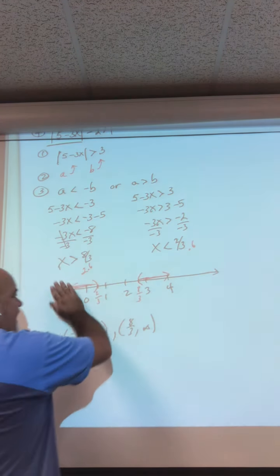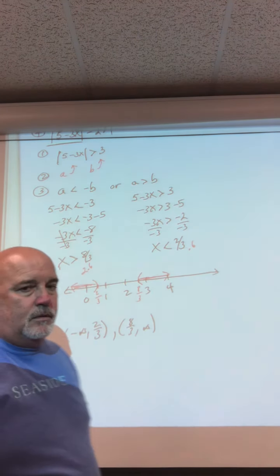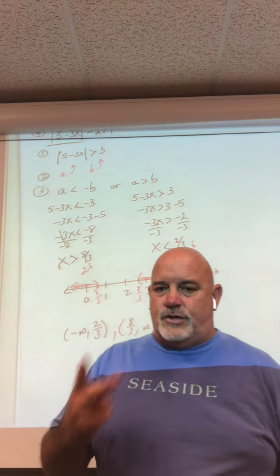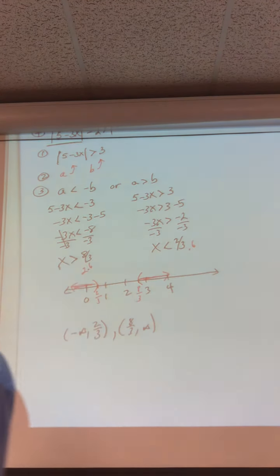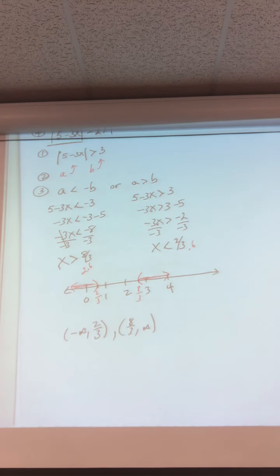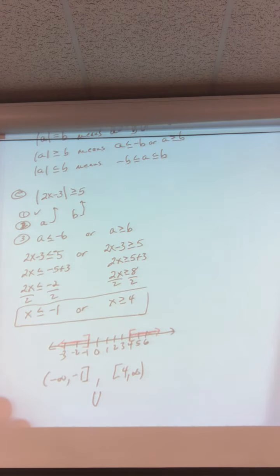So even if I didn't ask you to graph it, it's got to be in this order. So formula 2 is always this way. Okay? Let's look at the next example.